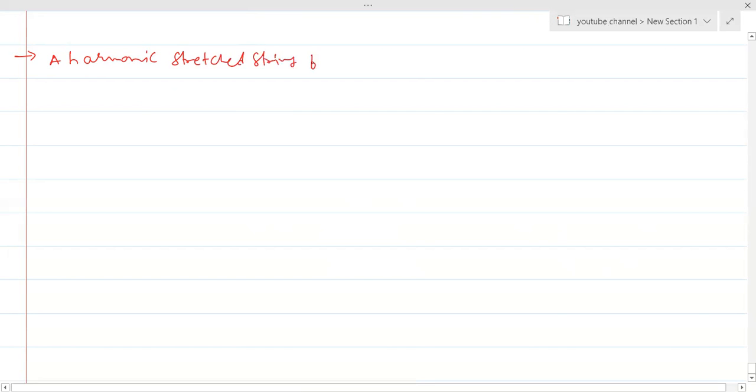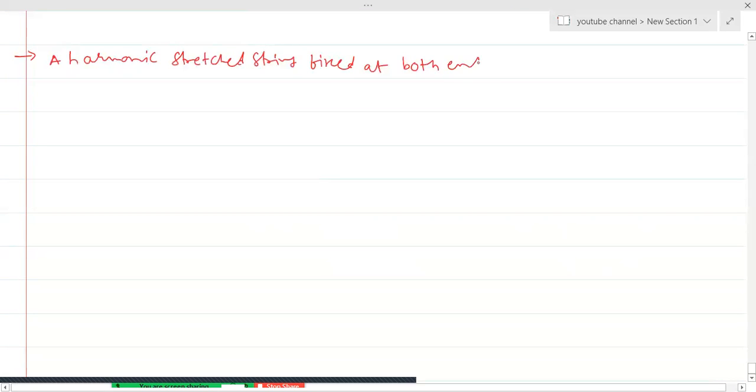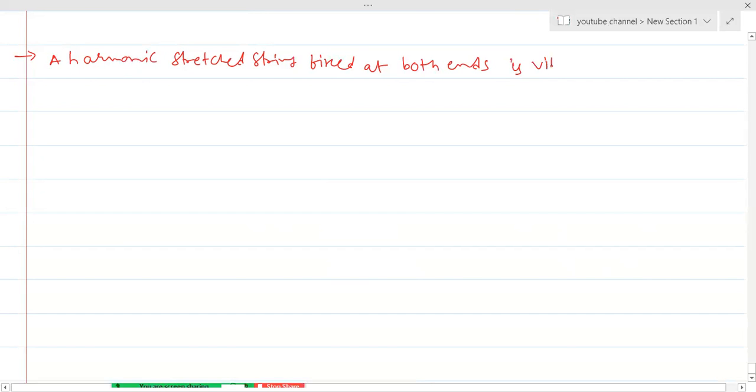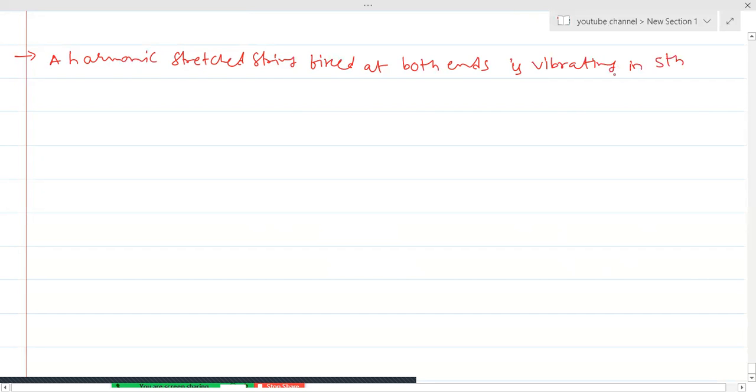Suppose a stretched string fixed at both ends is vibrating in the fifth harmonic.